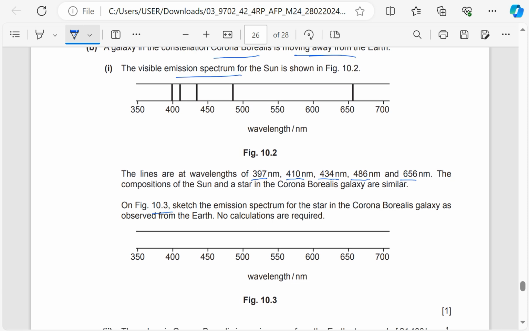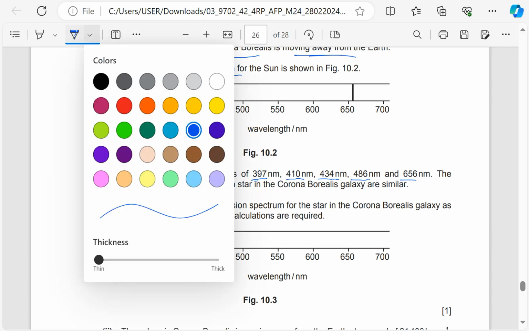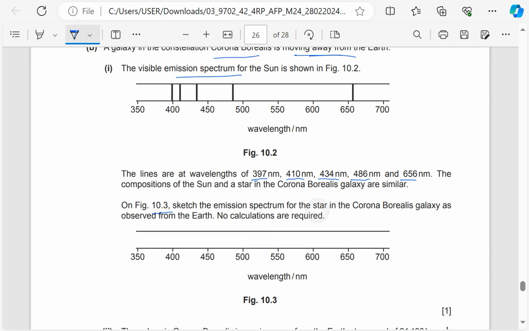So we are looking for 397. 397 is going to be closer to 400, so I'll draw it here. I'll increase the thickness. Then 410 is just after 400.